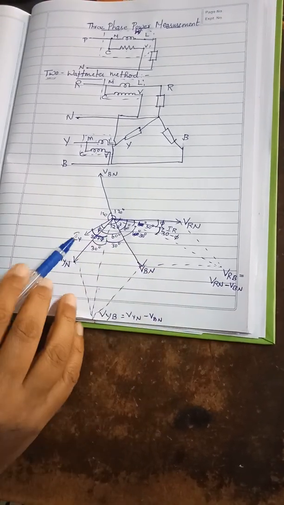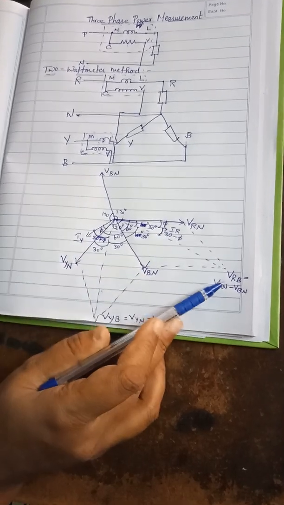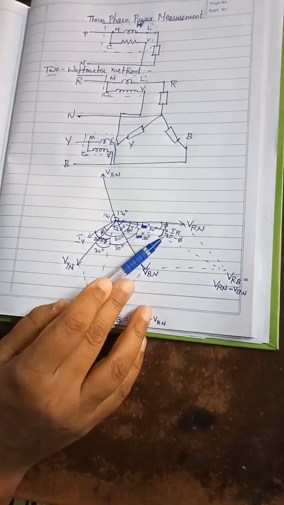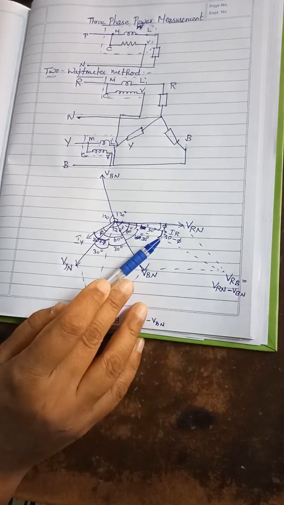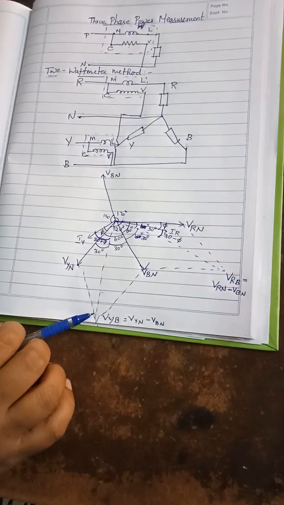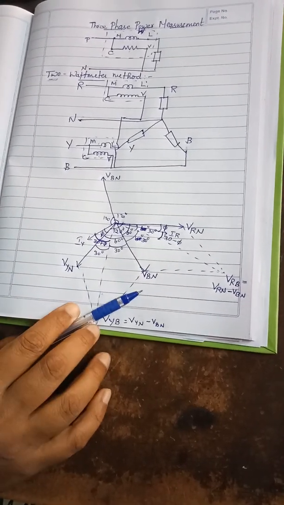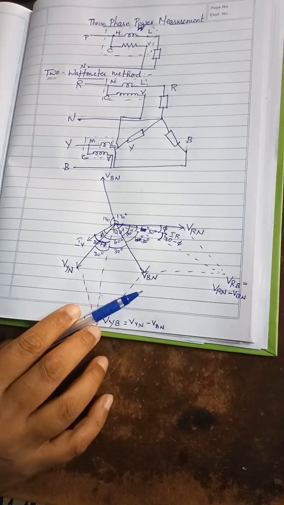This is a very important one. The angle between line current and line voltage for VRB is 30 minus phi, and for VYB is 30 plus phi. So this is the phasor diagram of the two wattmeter method.